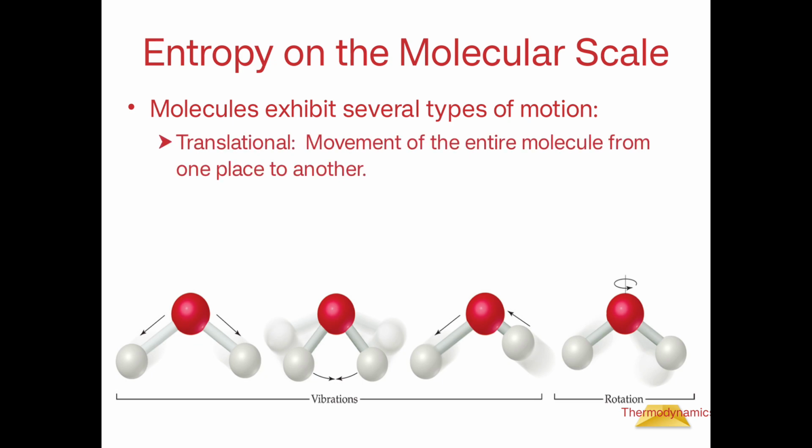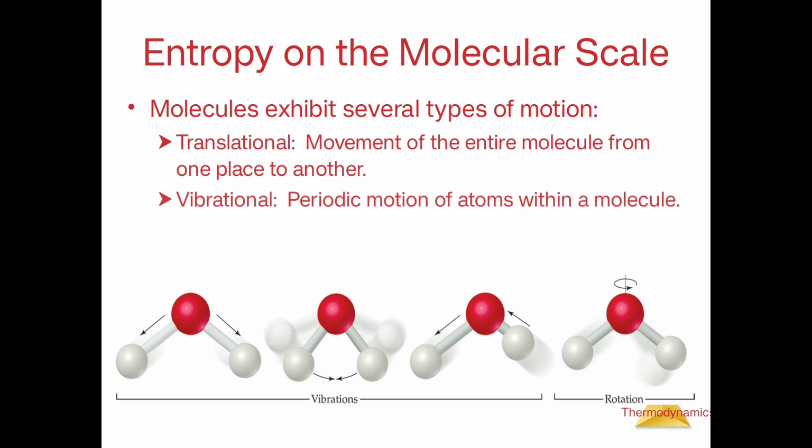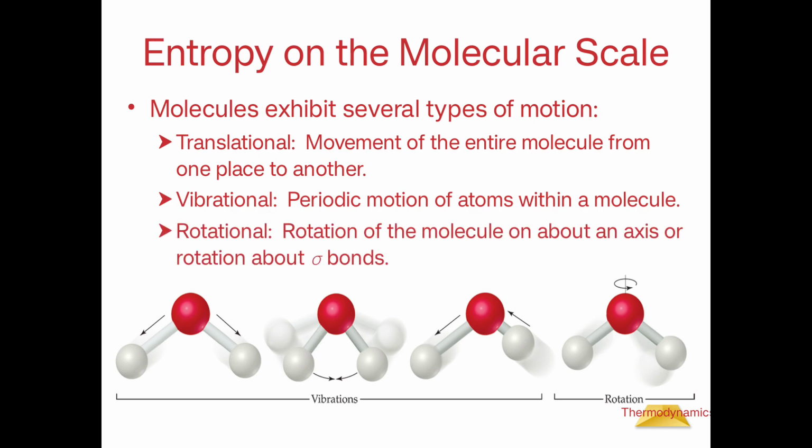One is translational, that means movement of the entire molecule from one place to another. Then vibrational, you know it: periodic motion of atoms within a molecule. And rotational motion: rotation of the molecule about an axis, or rotation about the sigma bonds.